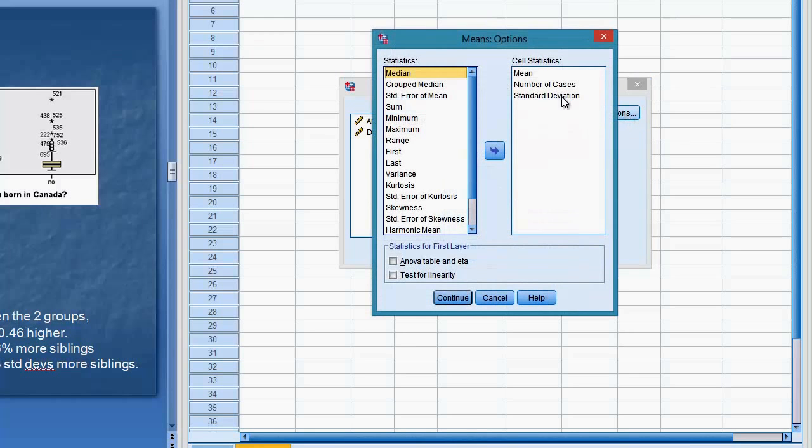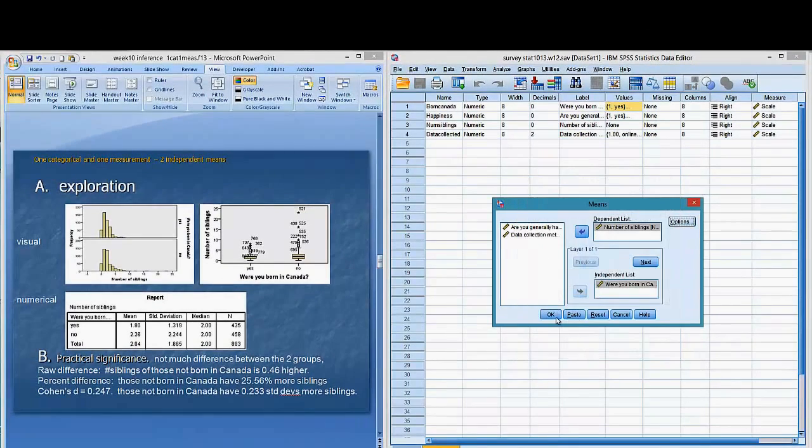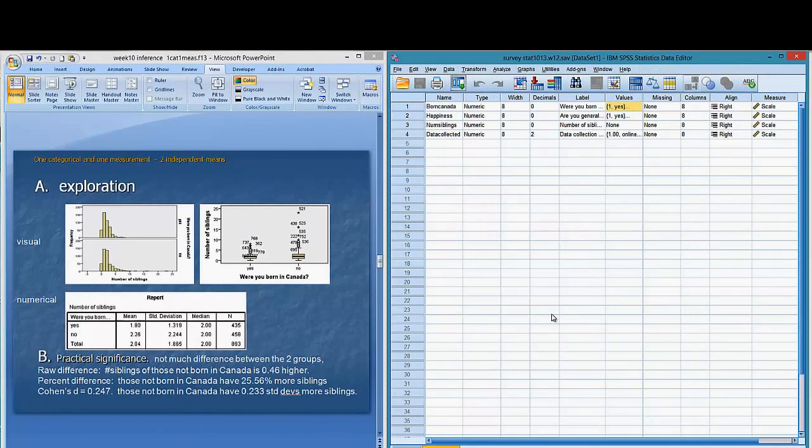In options you can select whatever statistics you would like, and I always like to add in median and move it up here. So you have mean, median, standard deviation, and the number of cases in each group is important too. There's a whole series that you can have here. We continue and click OK.